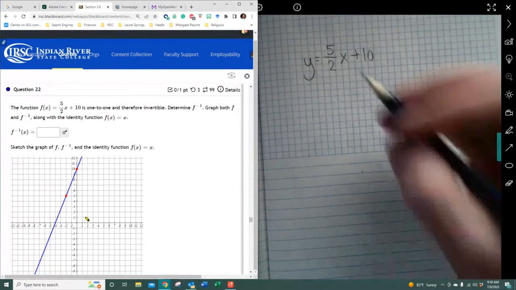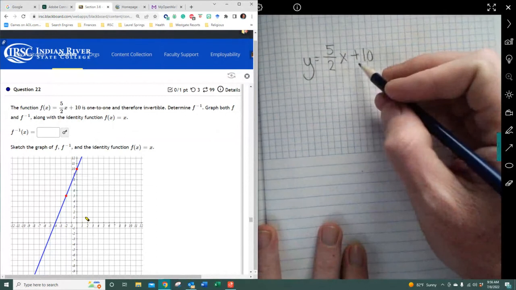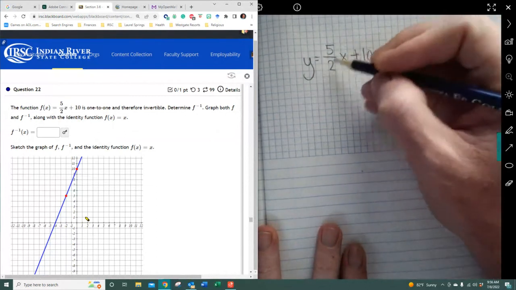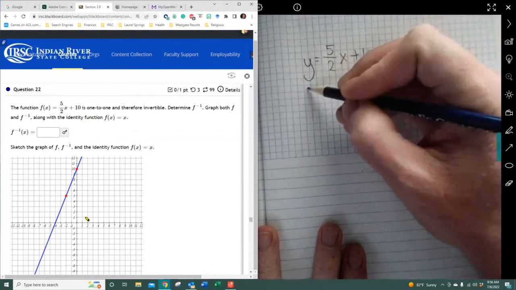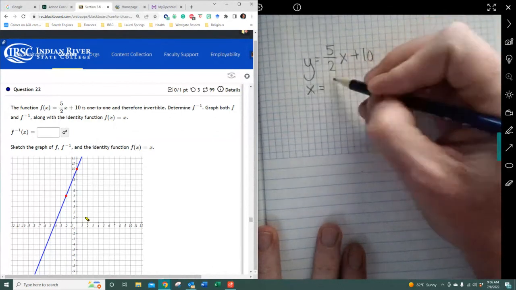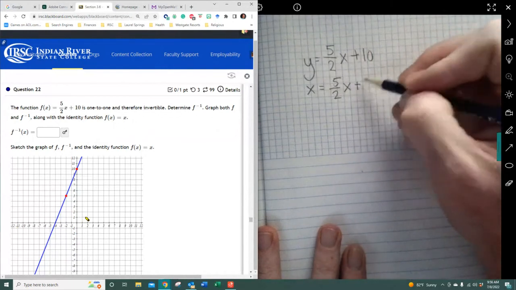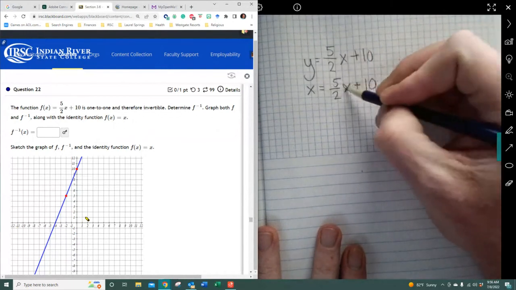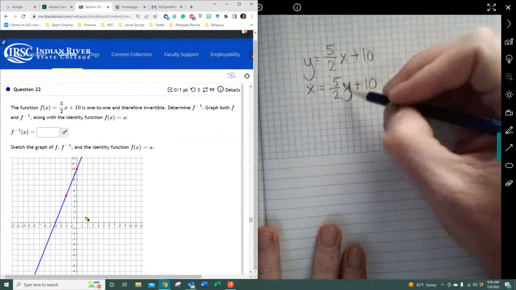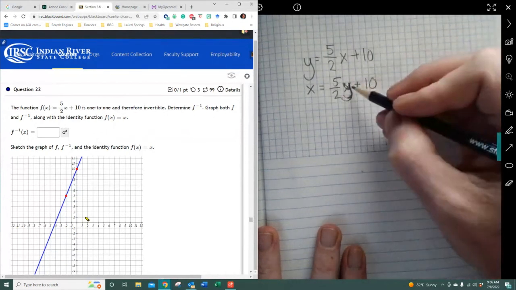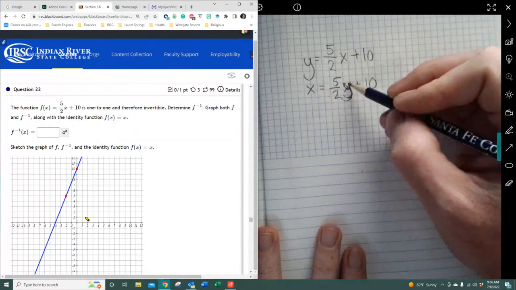Now I want to find the inverse of this. To find the inverse, I switch x and y. So I got the y there. Now I want to solve back for y.